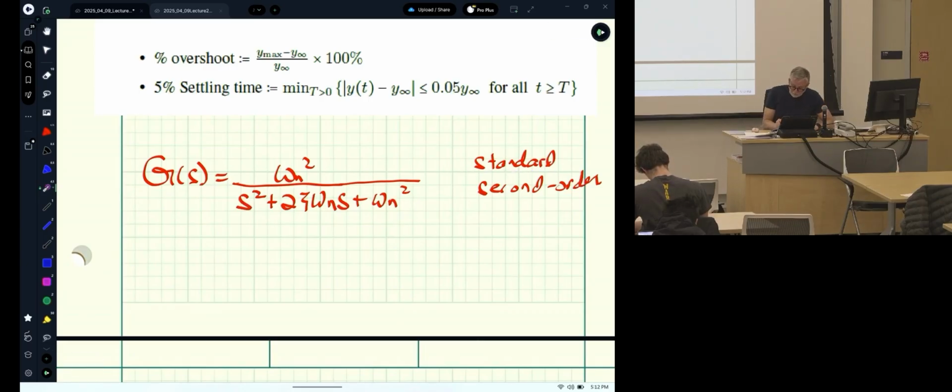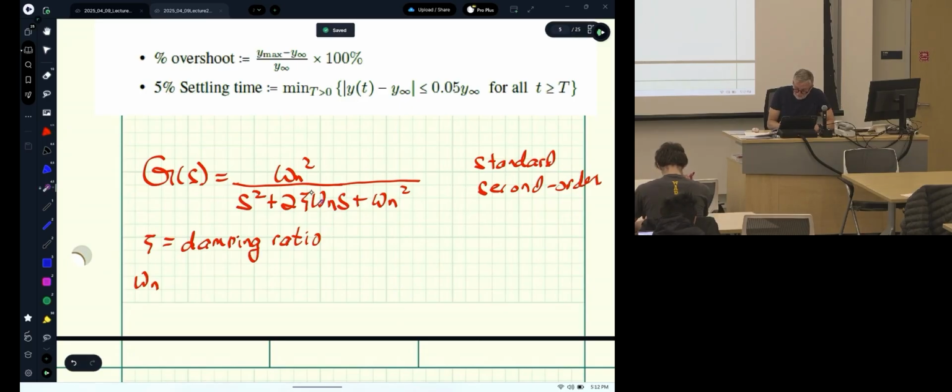The other thing is we've written the coefficients in a special way. So this number here, zeta, is called the damping ratio. If there is no damping, so if you just have a mass and a spring and you release it, it just oscillates, but there's a natural frequency of oscillation.